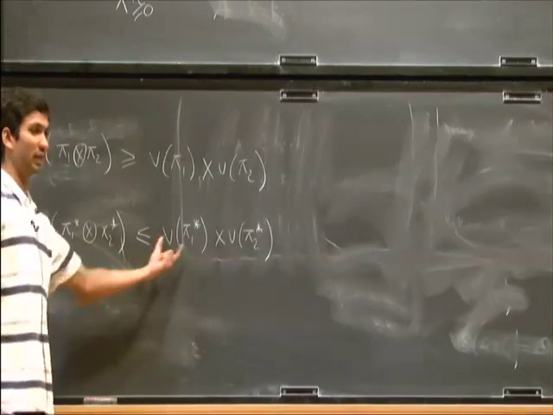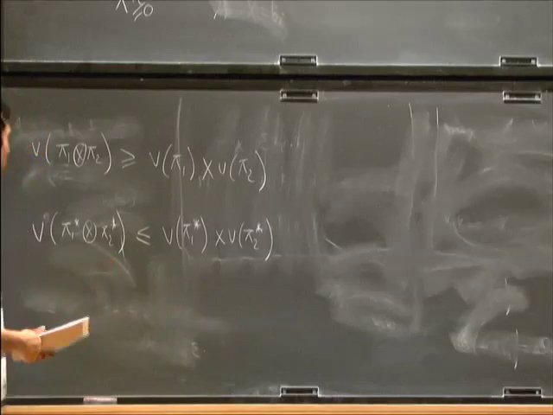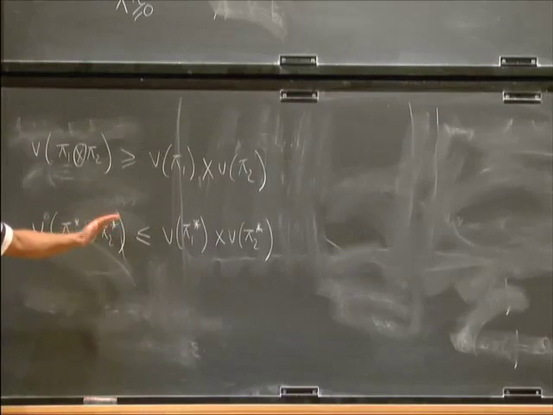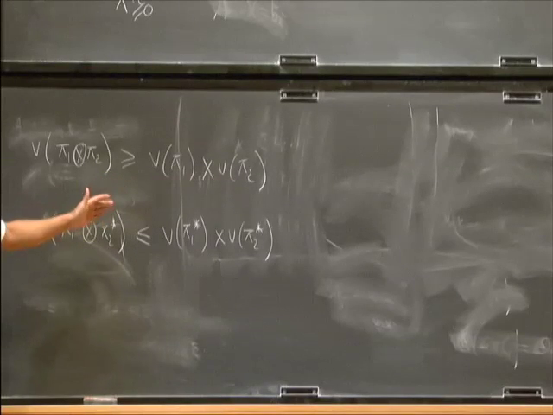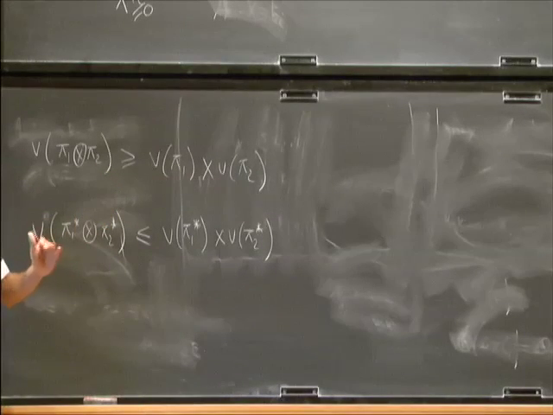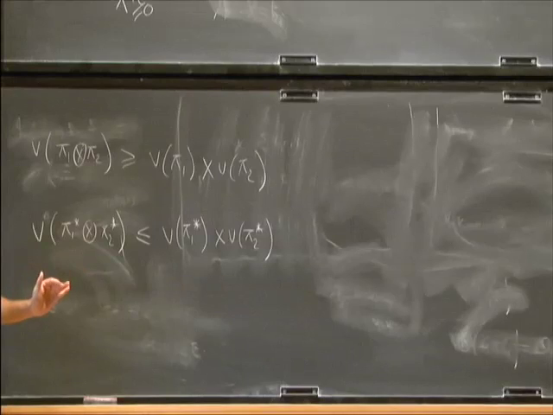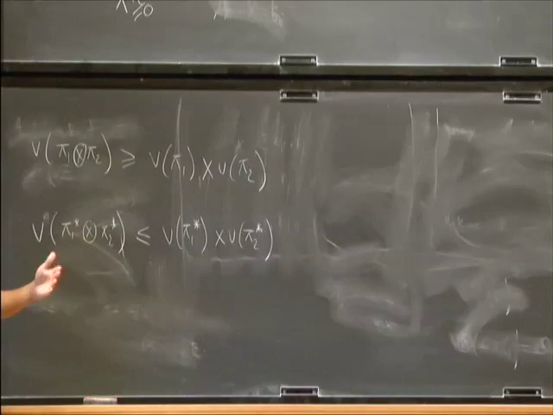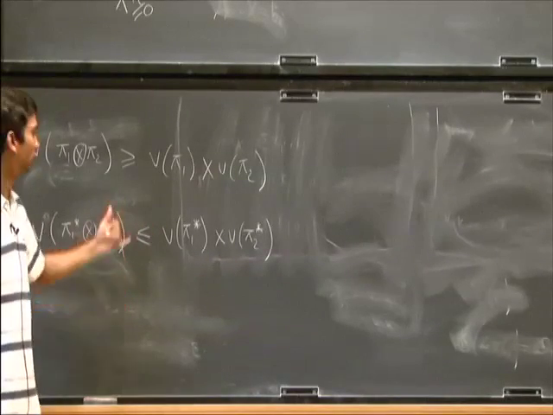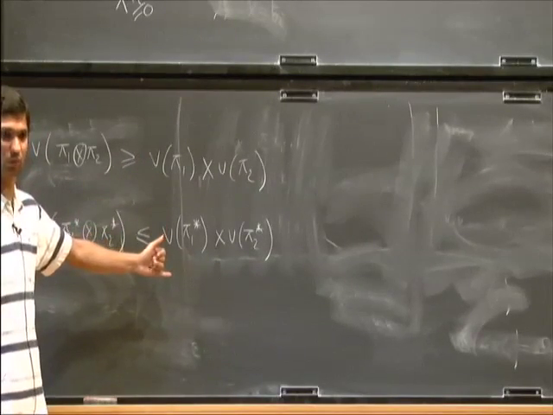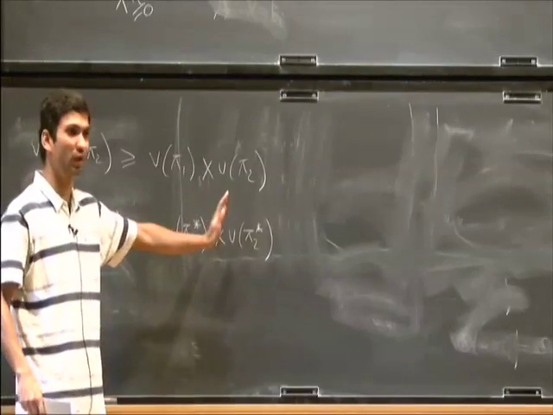If I can show something like this, and if I assume that duality holds, I have to assume something here, because in linear programs we know duality is given, so the value of the primal is equal to the value of the dual. In semidefinite programs it's not always true, but under very mild conditions you can say that strong duality holds. So here we will always assume strong duality holds.